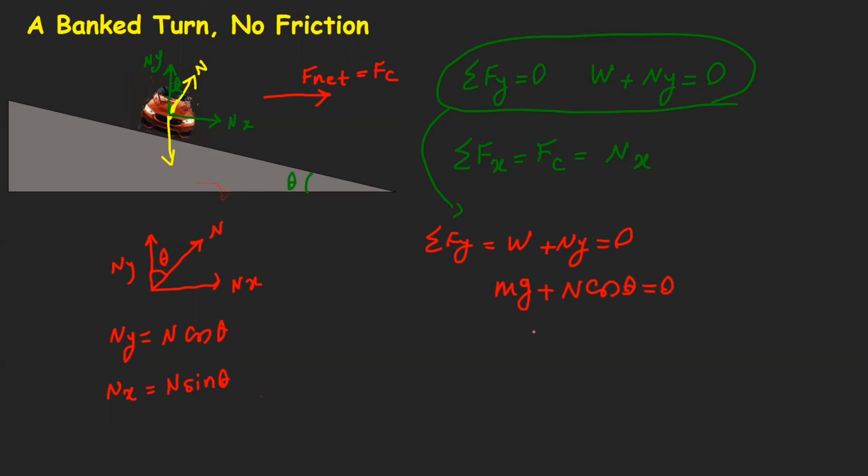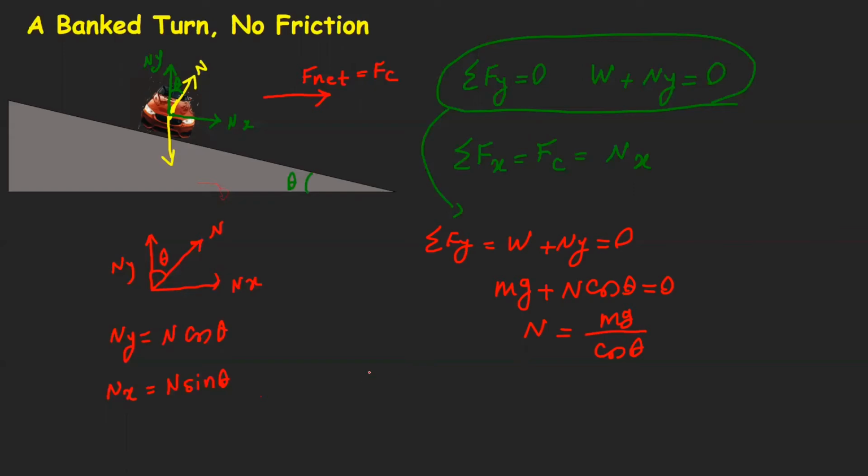As a result, N is equal to mg divided by cos theta. In terms of magnitude, it's equal to this. However, its direction is opposite to the direction of W.